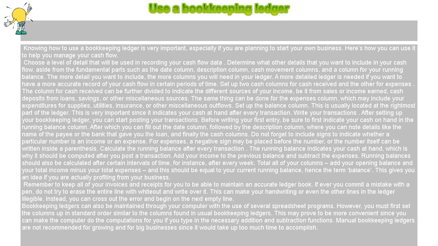Set up two cash columns, one for cash received and the other for expenses. The column for cash received can be further divided to indicate the different sources of your income, be it from sales or income earned, cash deposits from loans, savings, or other miscellaneous sources.